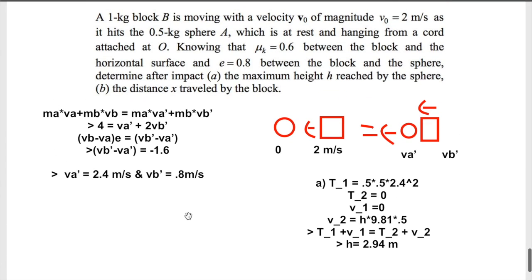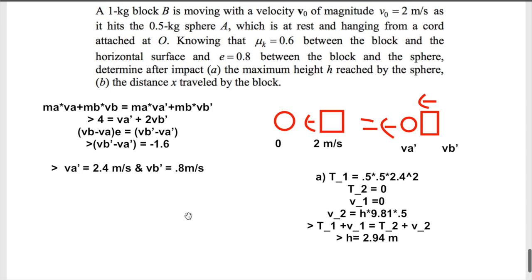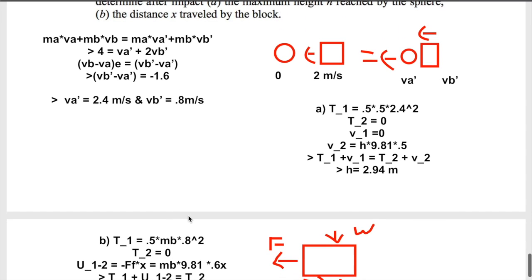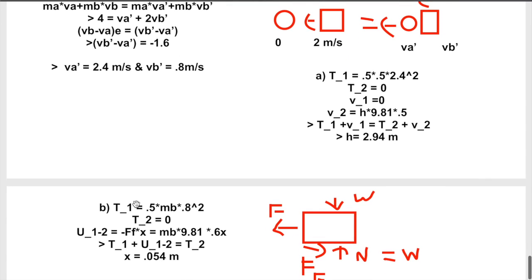For B, we're asked to find the distance x traveled by the block. We do this in a similar fashion. The kinetic energy of the block after the hit is 1/2 mass of the block times the 0.8 that we found earlier, squared. At the max distance, the kinetic energy is 0, and the work done is the work done by friction, which takes energy away from the system.